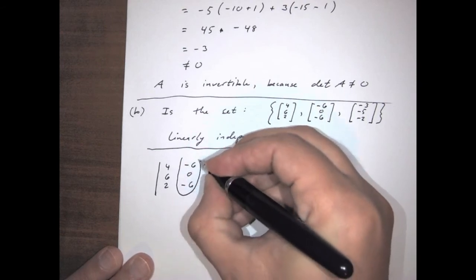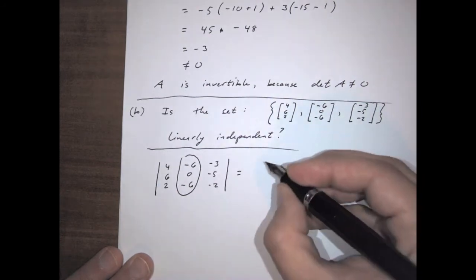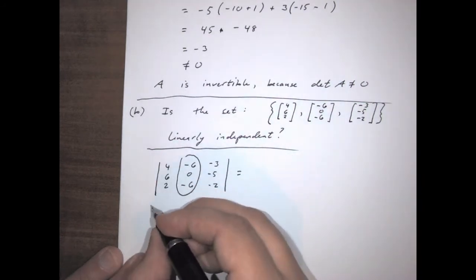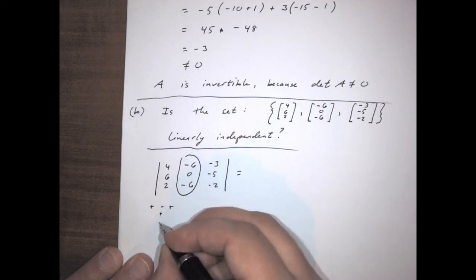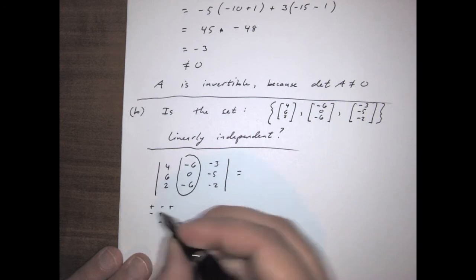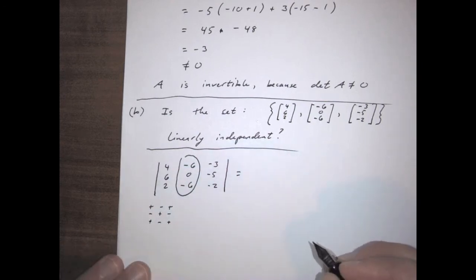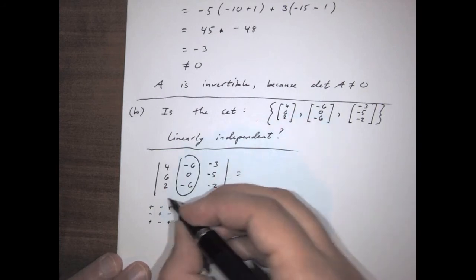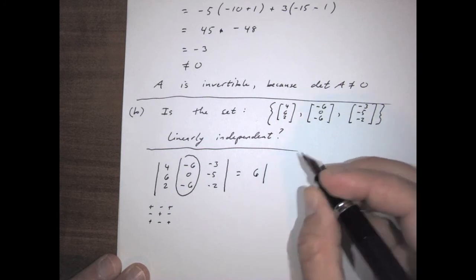Let's go with the second column. And the checkerboard here is going to go plus, minus, plus, and really all we care about is the second column. Whichever one you're expanding along is the only one that really matters for the checkerboard, but for the sake of completeness, we'll fill in the rest of it. Okay, so we're going to have -6, so it's going to be +6 times.